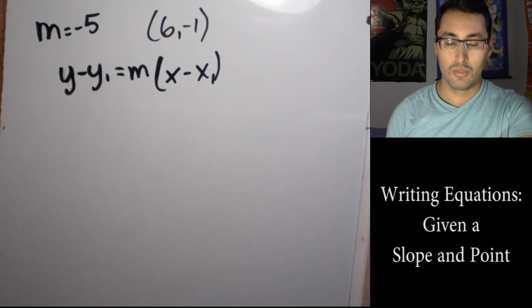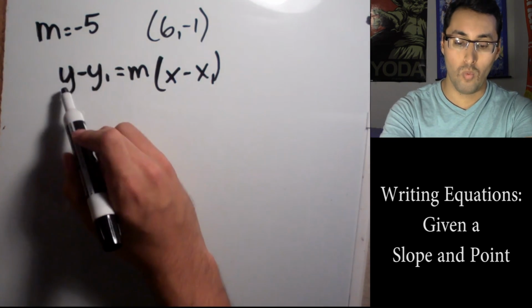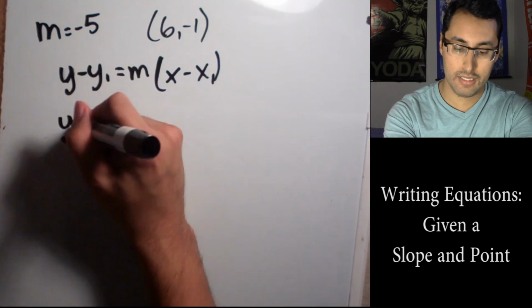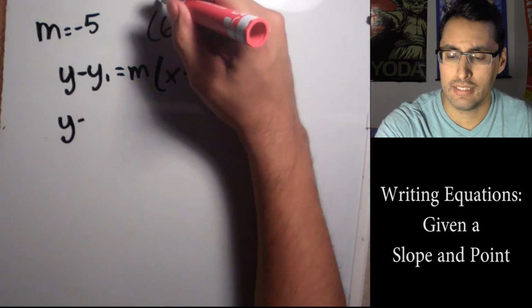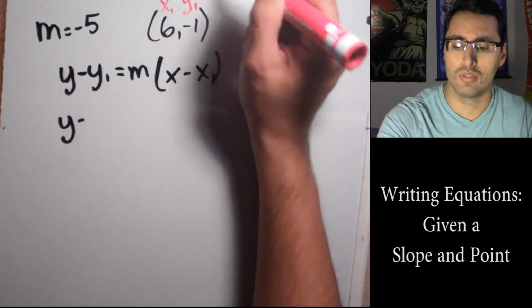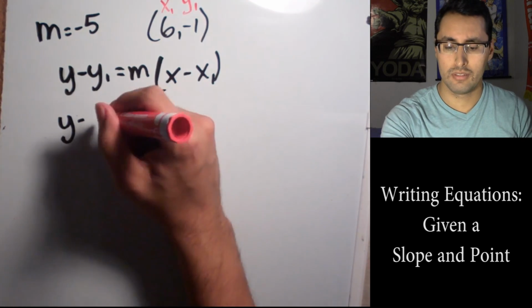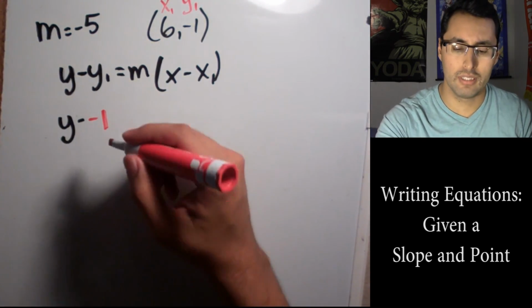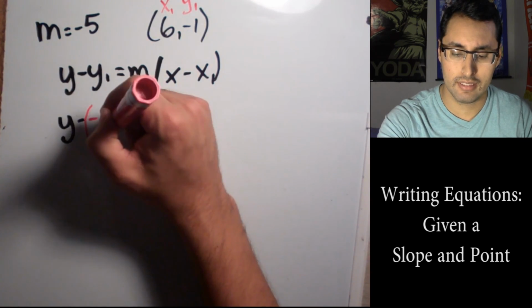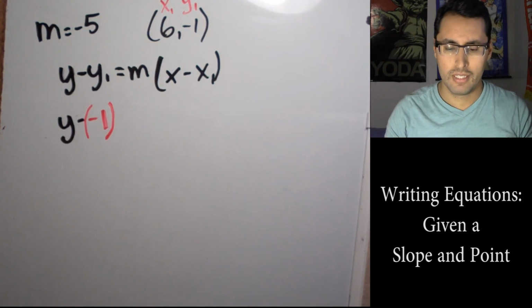Okay, so we substitute here. Y minus, so I'll put y minus our y1. Well, this is x1, this is y1. So I'm going to put that negative 1 over here. I'm going to put that in parentheses because we have 2 negative signs. I gotta really separate them.